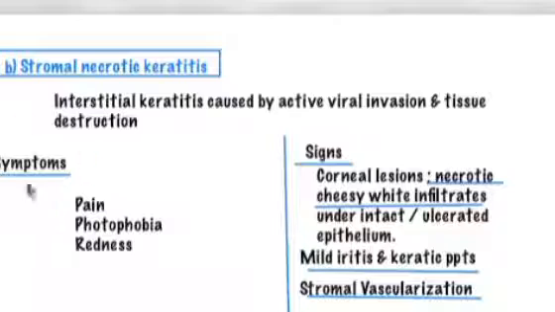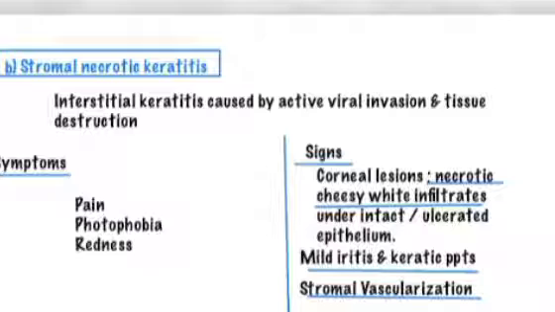The symptoms the patient presents with in stromal necrotic keratitis are pain, photophobia, and redness. The signs include corneal lesions that are necrotic, cheesy white infiltrates. Of course, the name itself says there is necrosis. The doctor can see the cheesy white infiltrates under the epithelium.